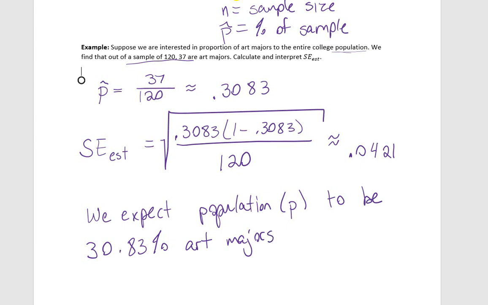Now we know that our sample is not going to mirror the population exactly, so we want to tell people, hey, it's probably around 30%, give or take. So give or take 4.21%. Okay, then we would feel pretty good about that.